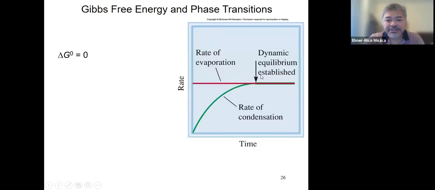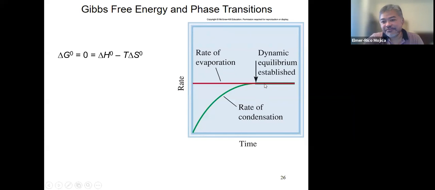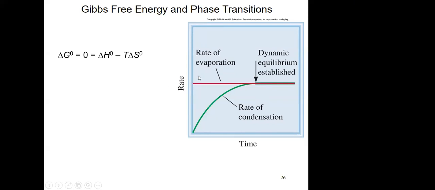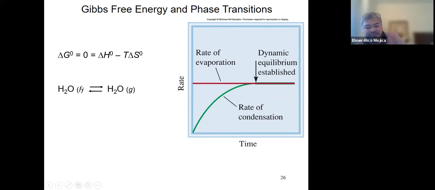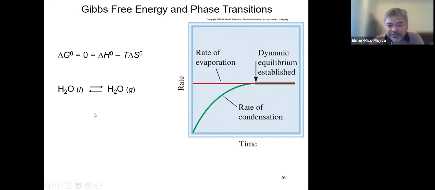Whenever we have a system at equilibrium, delta G is always 0. So let's look at this system that we have been discussing since chapter 11, the evaporation and the condensation system. This is the system that it has. Now, if you want to determine the delta S, how are you going to do that?